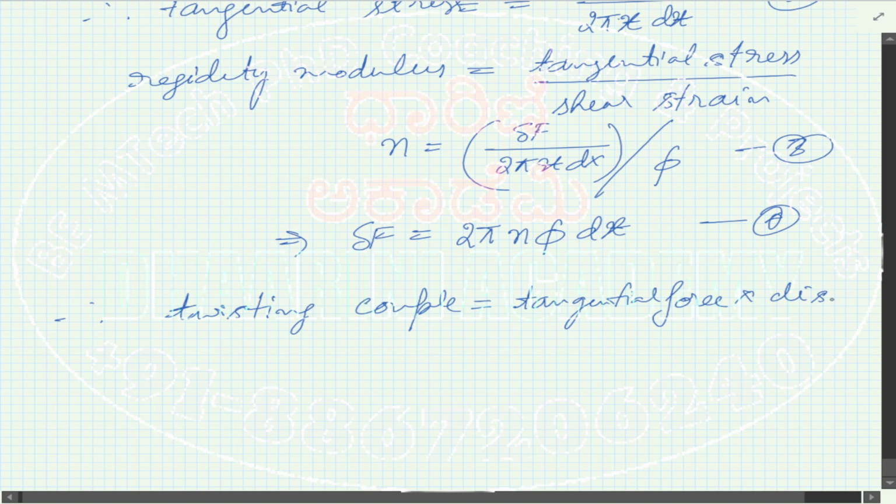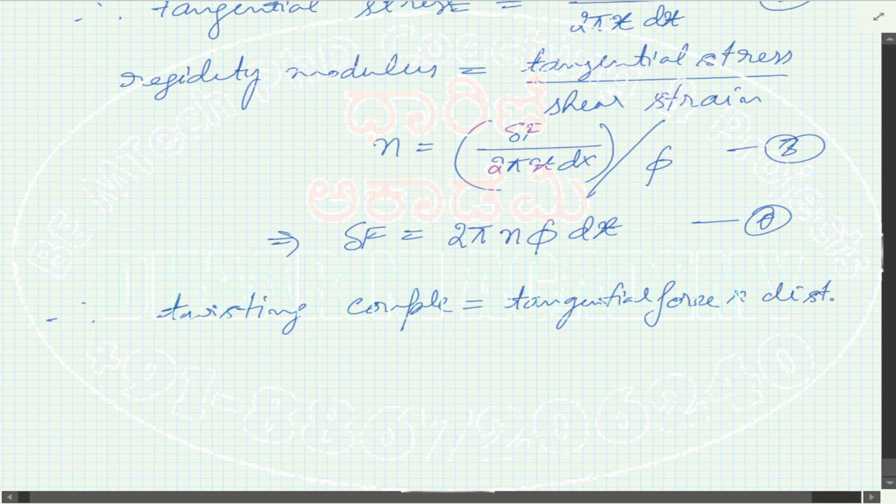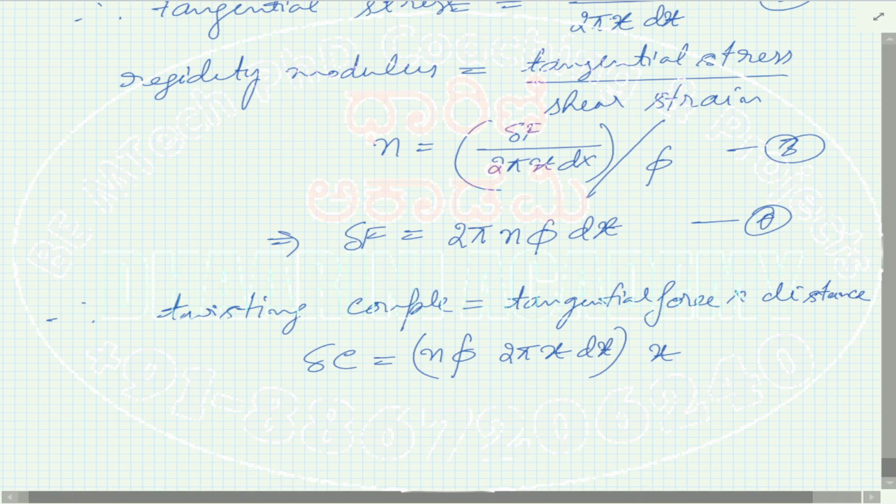Force into distance is a couple. Delta C is equal to n phi 2 pi x dx, this is the first term, into x, since the distance is x. That is how far it is.